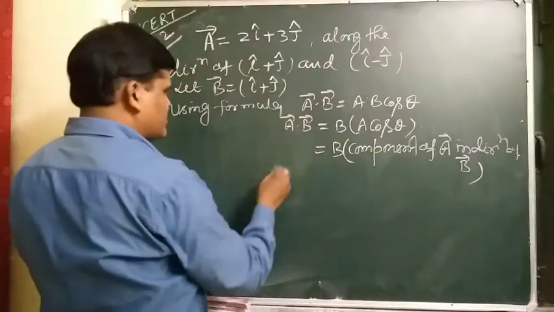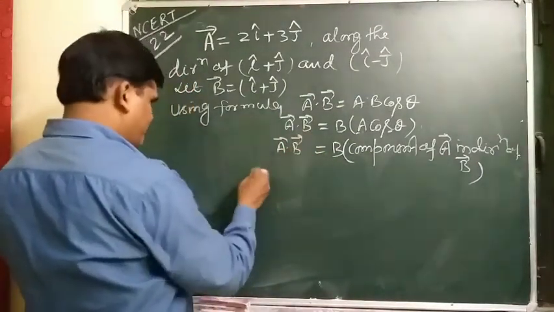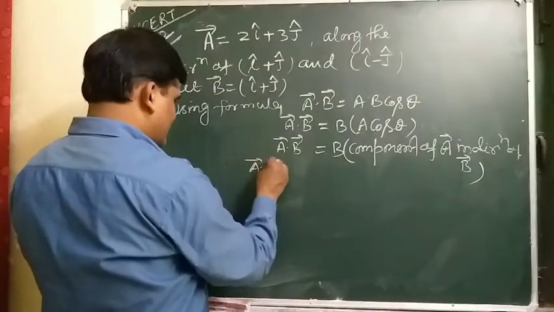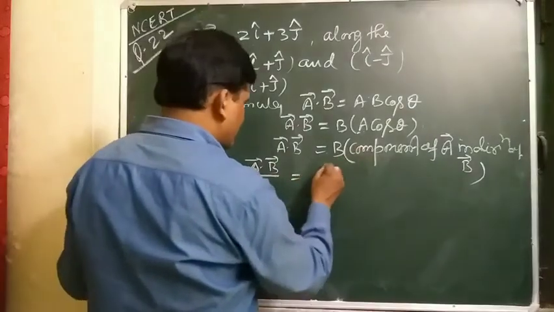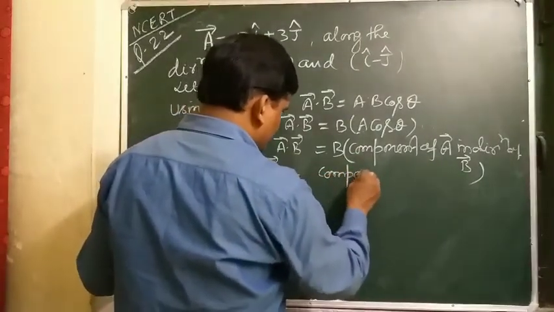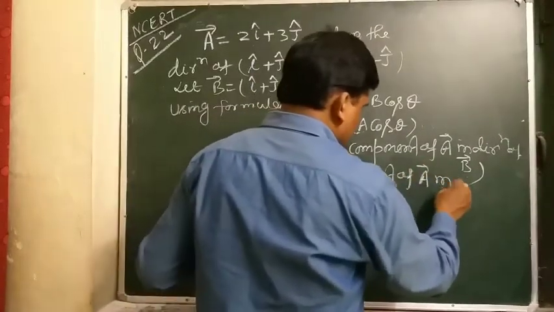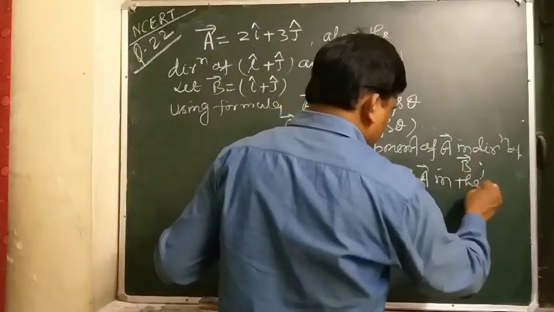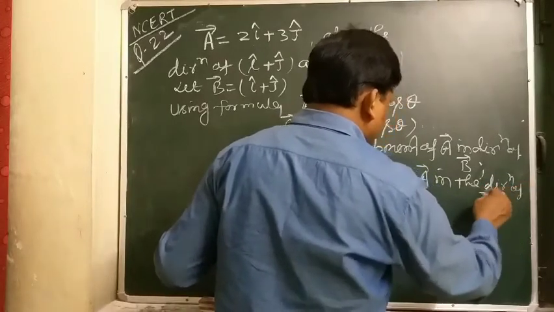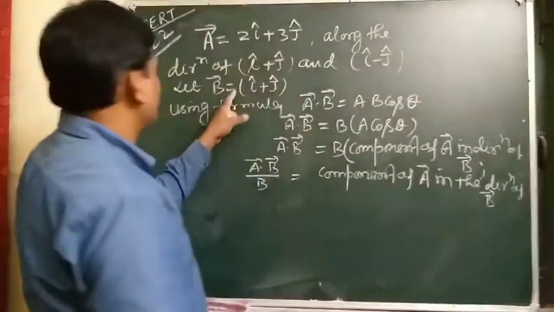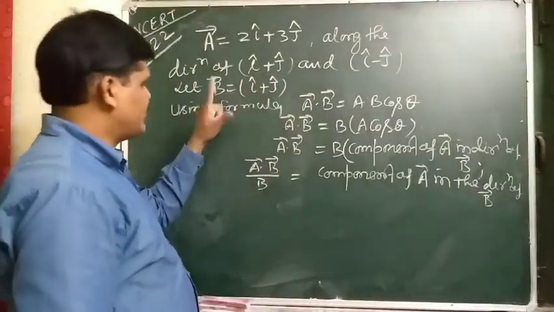So vector a dot vector b, in the first case we have to write the component of a in the direction of b, means what, in the direction of i cap plus j cap. Here the second vector we have taken is vector b.